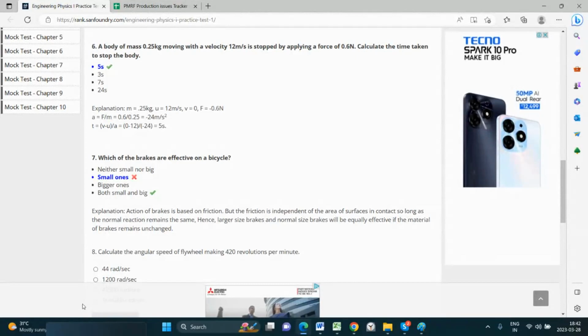When the speed is high I need the better, most effective brake. That is why the answer is both small and big.